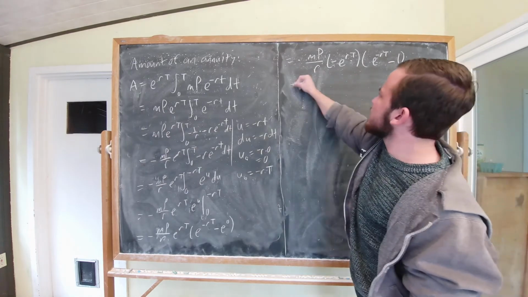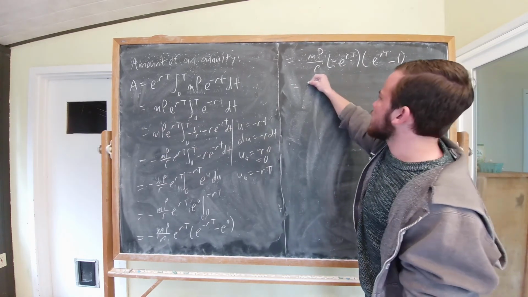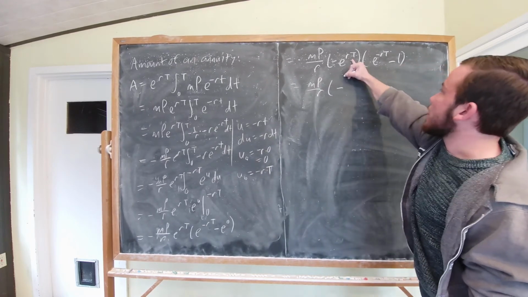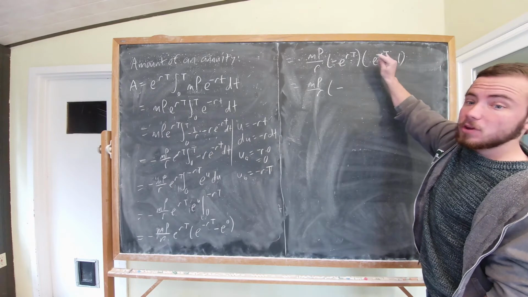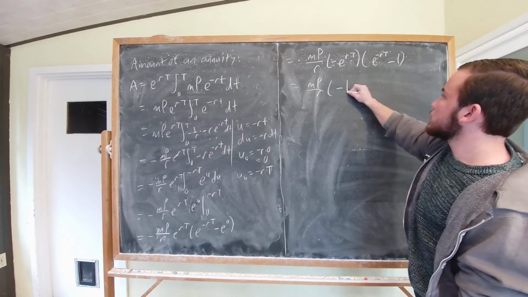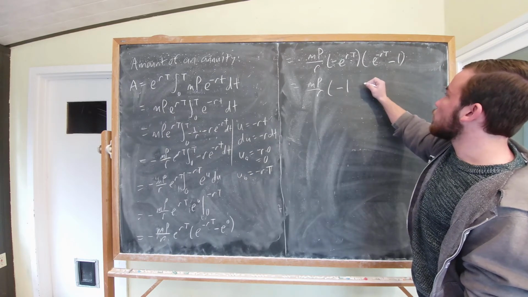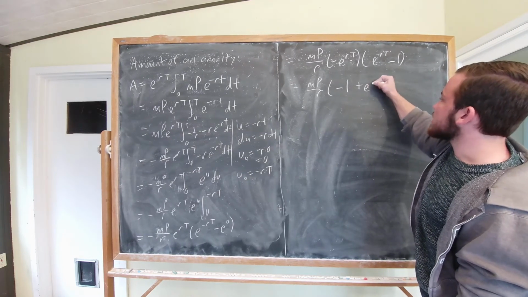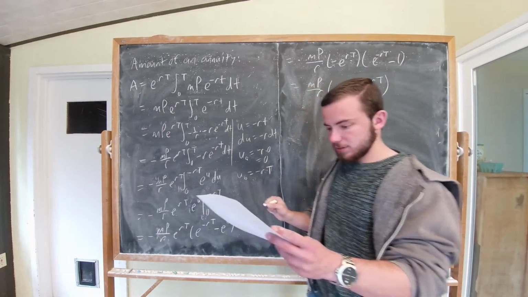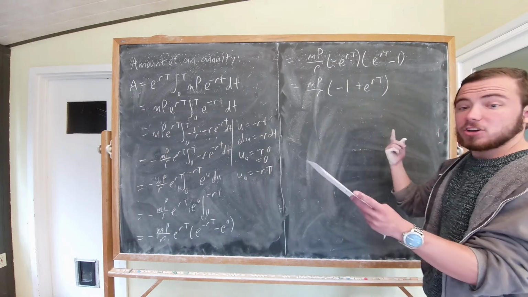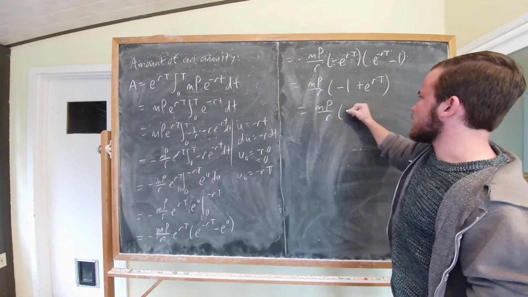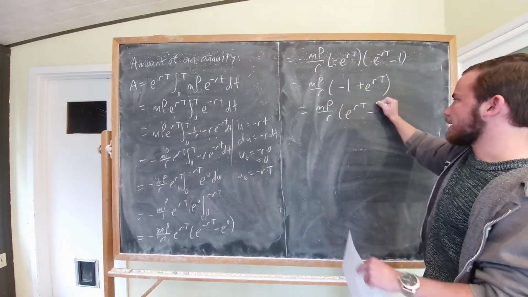Multiplying this e to the rT term in, we end up with mP divided by r times negative, okay, multiplying these two together, e to the rT times e to the negative rT, those cancel, you just get 1. So we have negative 1 plus e to the rT. And that's our formula for the annuity amount. Just rearranging this slightly, mP divided by r times e to the rT minus 1.